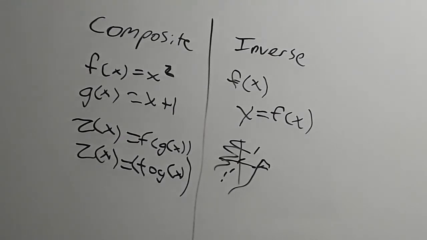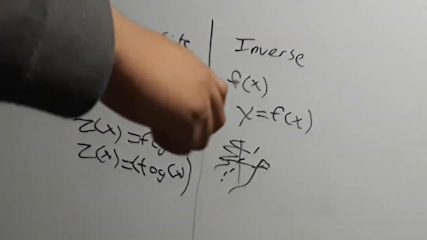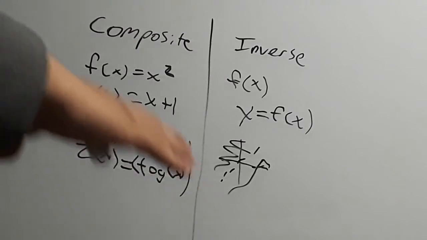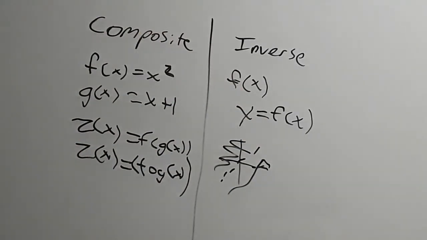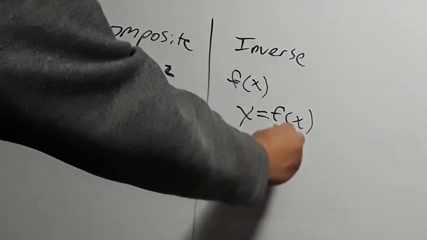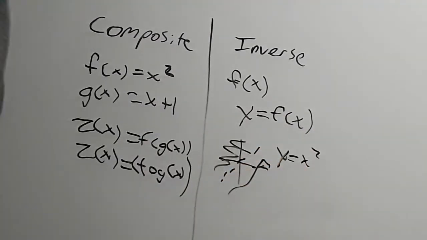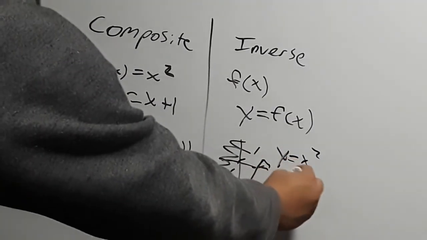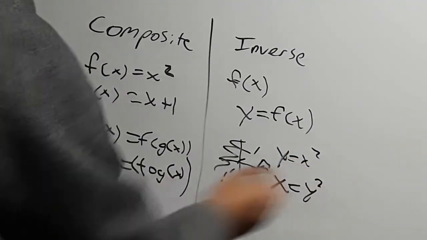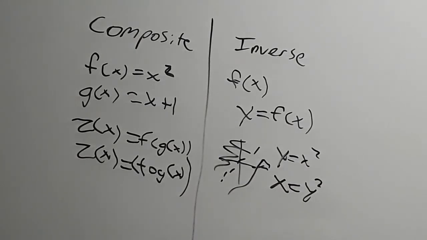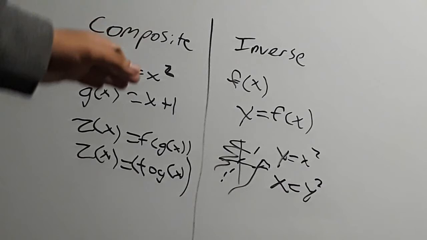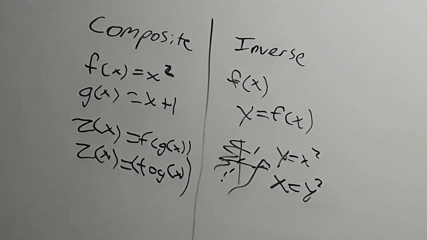So right there is going to be y equals x squared. Plug the y into where the x would be. So now it's going to be x equals y squared. All you have to do is manipulate it to where it becomes a function of y again. So it'll be the square root of x.